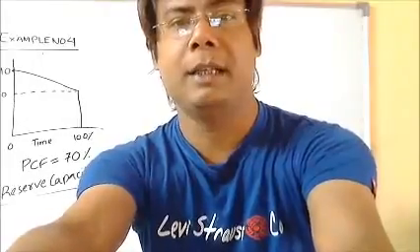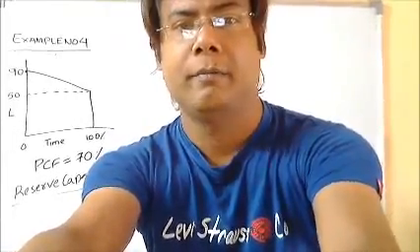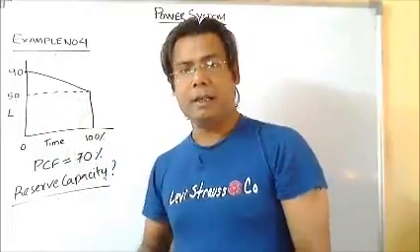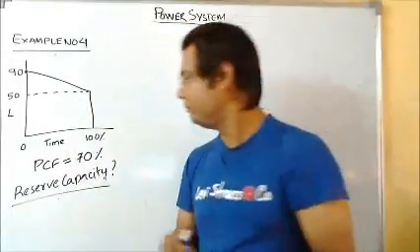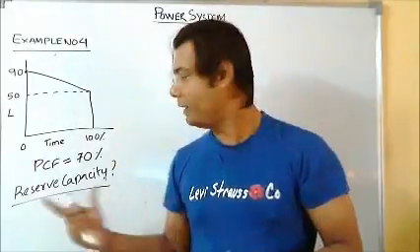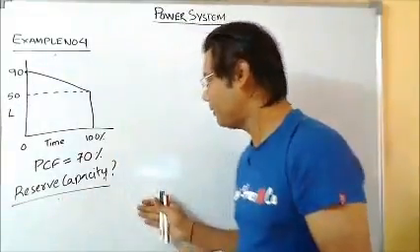the maximum demand is 90 and the average demand is 50 megawatts. And the plant capacity factor is given as 70%, and we have to find the reserve capacity.